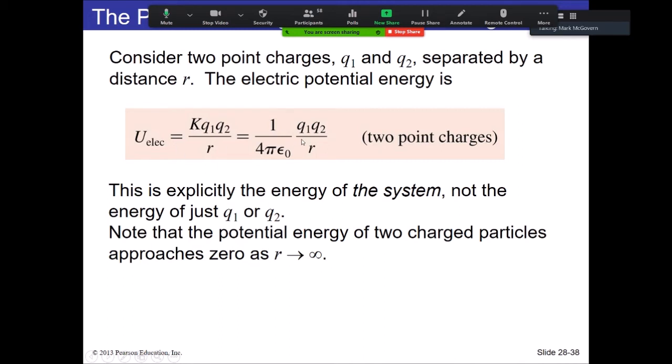And that actually creates an inherent zero point that we don't change. So this is a situation where the zero point is set and you don't want to change it because it just matches up mathematically with this term here. So the zero point is at infinity.